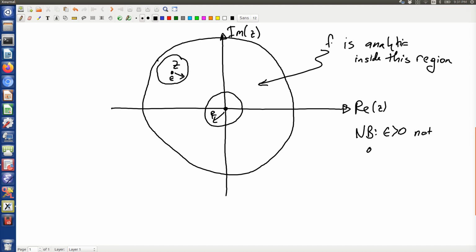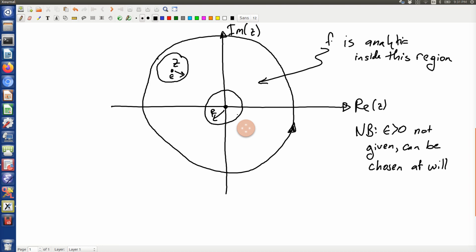So this is not given, and can be chosen at will. And in fact, we will do just that. Furthermore, I haven't set orientations on any of these boundaries. I'm going to orient the outer boundary counterclockwise, and I'm going to orient these two inner boundaries clockwise.